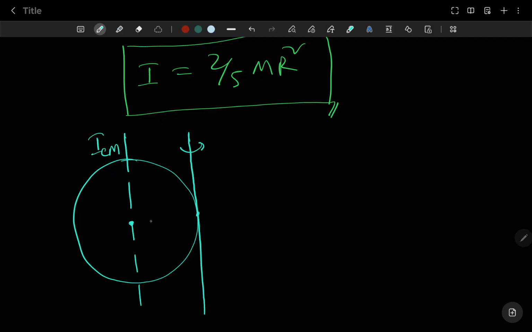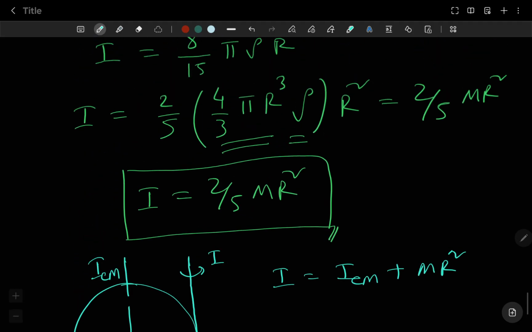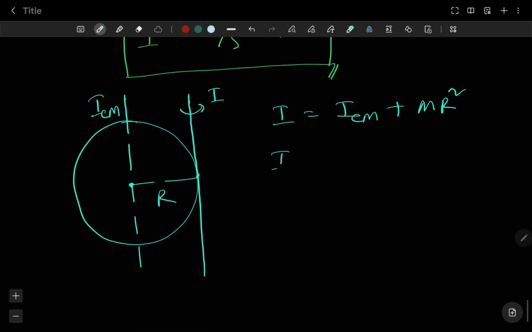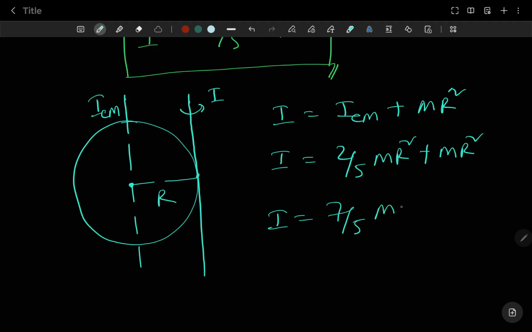If I know ICM about the diametrical axis, then by the parallel axis theorem I can calculate this I. So I will be ICM plus mr square, as simple as that. It will be 2 by 5 mr square plus mr square, that is 7 by 5 mr square.